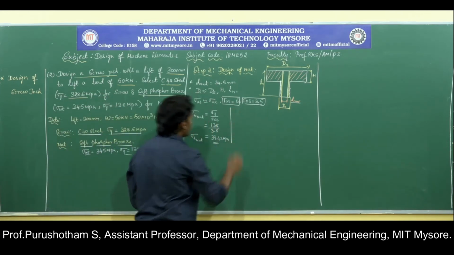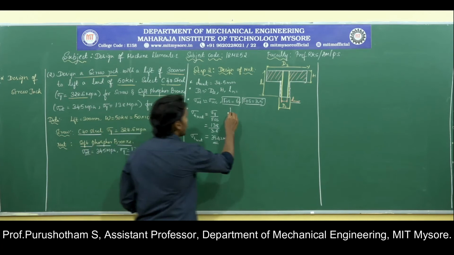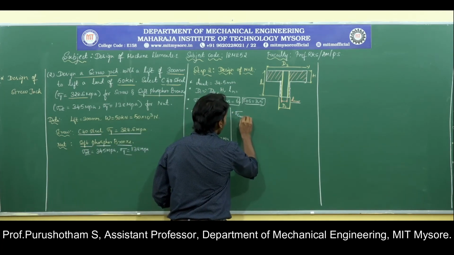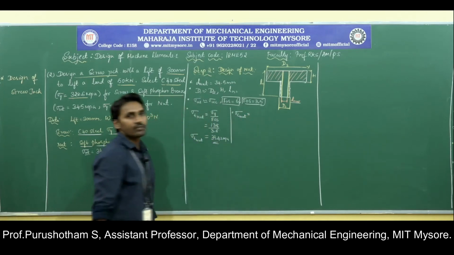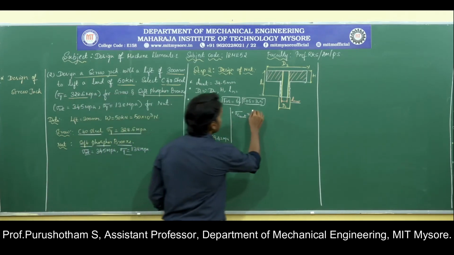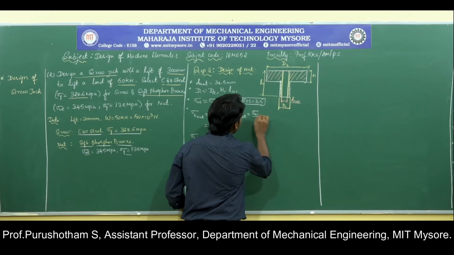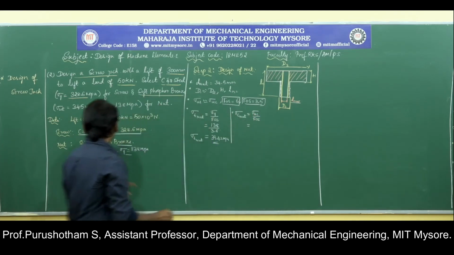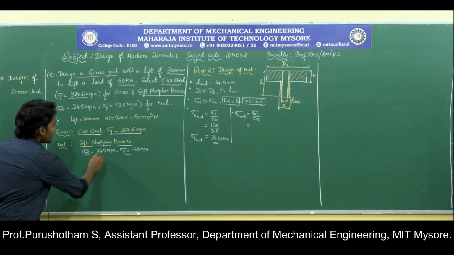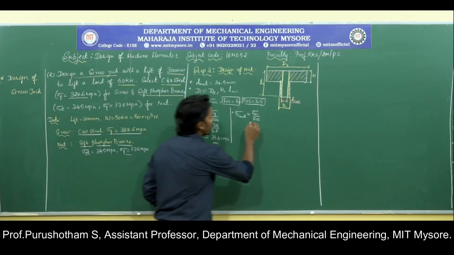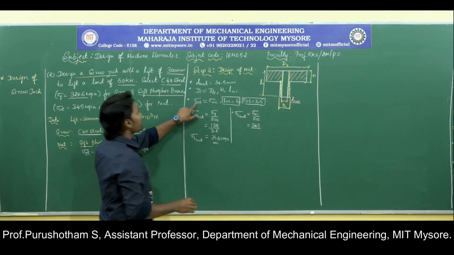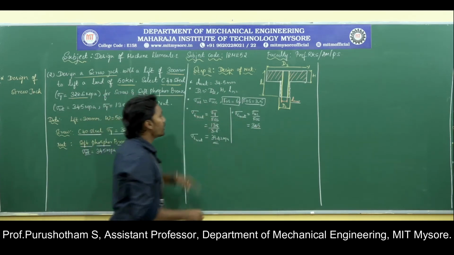Then similarly, the allowable stress in compression for the nut material is given by sigma C of nut, which is sigma UC by factor of safety. Sigma UC is 345, because the ultimate stress in tension is equal to that in compression.